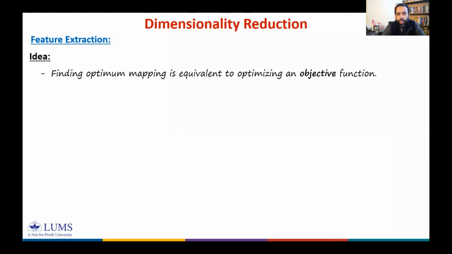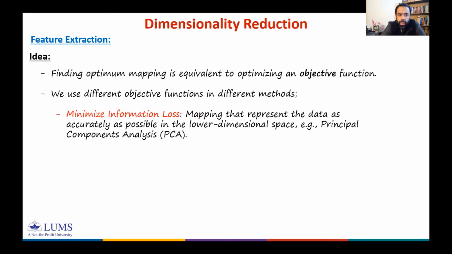Okay, as I just explained, finding the optimum mapping is equivalent to optimizing an objective function. This objective function could be loss in information, or loss in accuracy, or approximation loss, and so on and so forth. So we can define different objective functions to quantify this information loss from one space to another space. We use different objective functions in different methods. We minimize information loss.